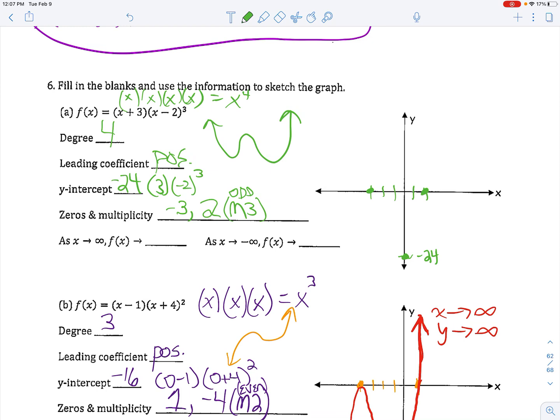All right, so once again here, let's plot the points we have, the x-intercepts and the y-intercept. Negative 24 here. And let's sketch the graph. All right, W-shaped, take into account the multiplicity.